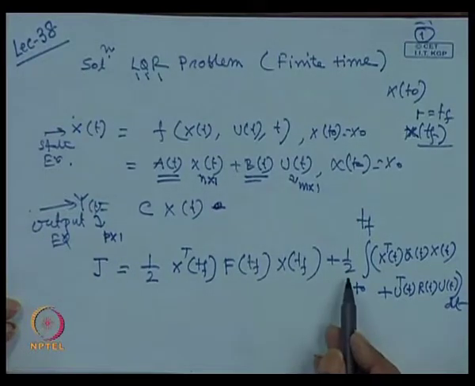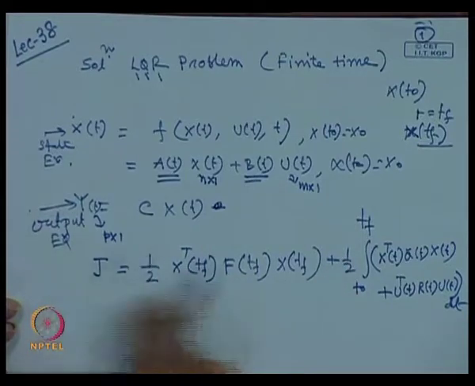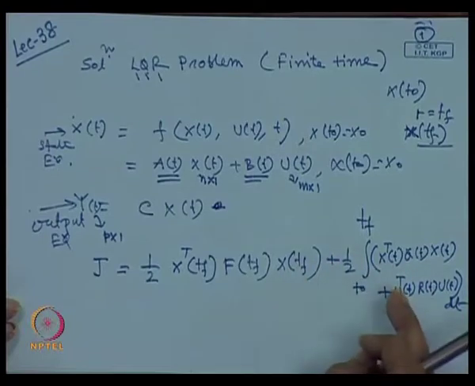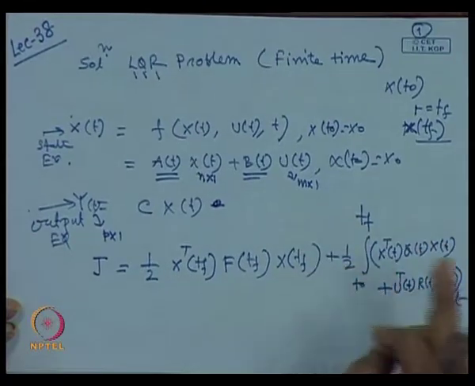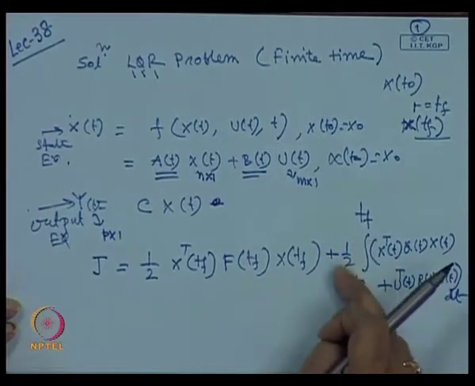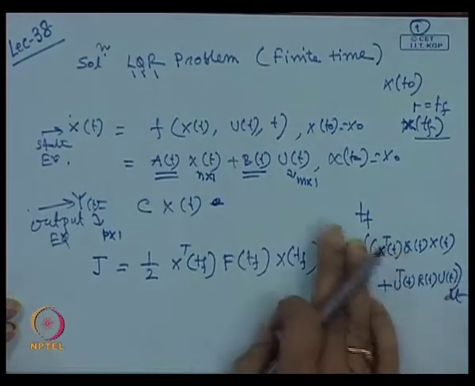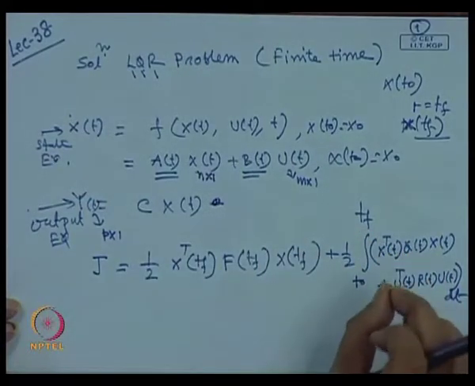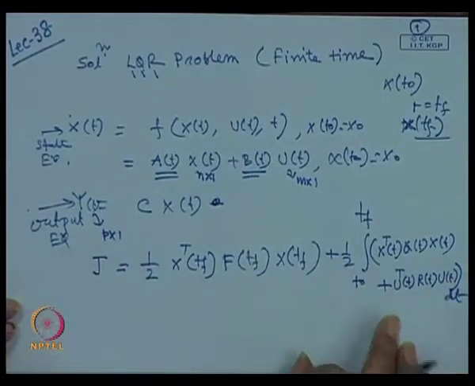So, I told you earlier why the half is taken into account in the performance index. When you differentiate the Hamiltonian function with respect to u, lambda or x, you will see this half, and from there a 2 will come and this 2 and half will be cancelled. Otherwise, if you do not consider that half, a numerical value 2 will come through this expression. To avoid that, we just multiplied by half.